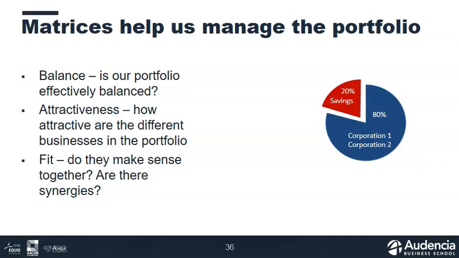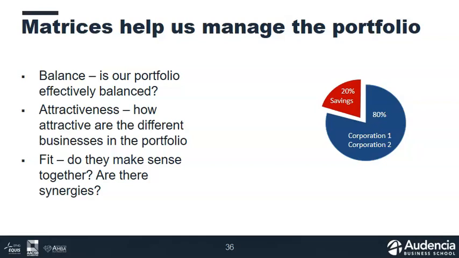So the first question in any matrix that we're creating is going to help us define this balance. What's the balance we want? Is it, in this case, 80-20, 50-50? What type of balance do we want to have in our portfolio of businesses? The second would be attractiveness. How attractive are the different businesses in the portfolio?